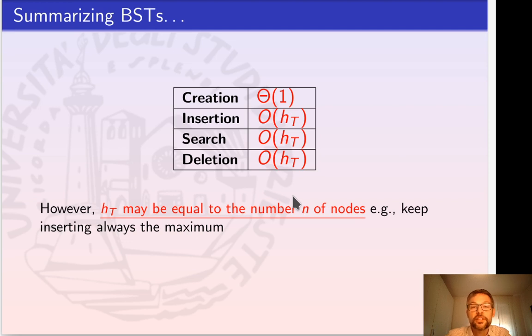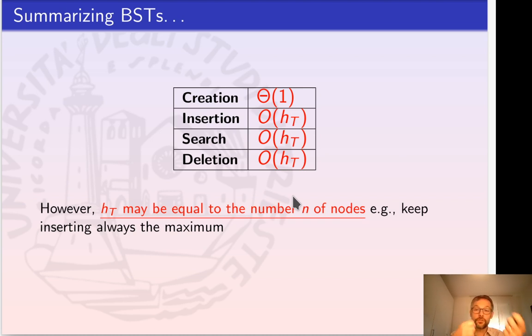And this is quite easy to see. So let's figure out a situation in which you have a BST and you keep inserting a new value which is larger than all the values in the BST.